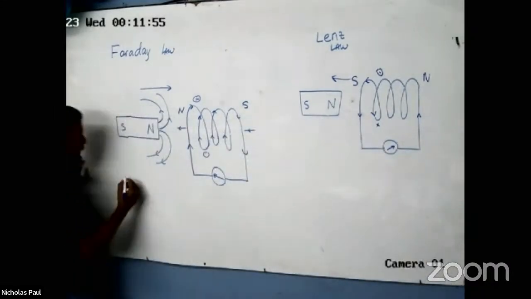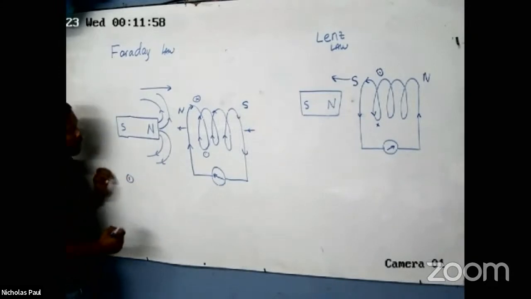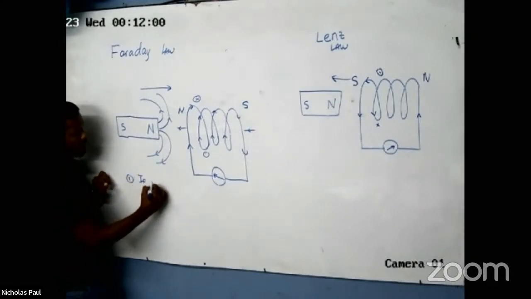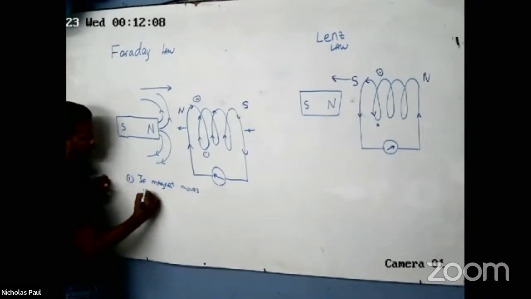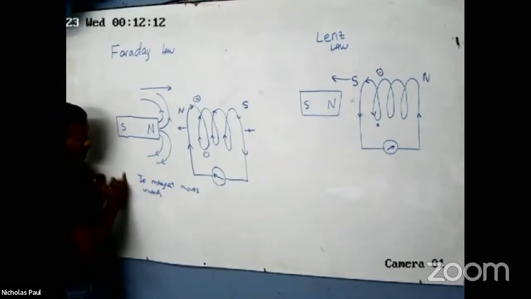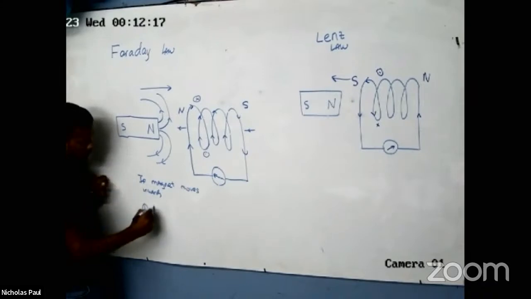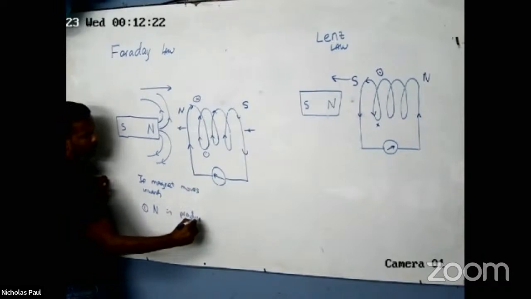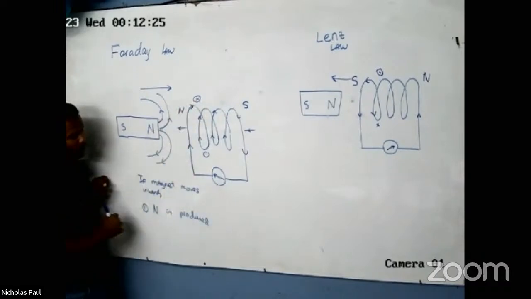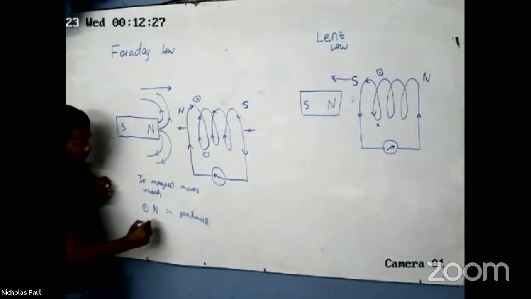Number one, if the magnet moves inwards, a north is produced to oppose motion.